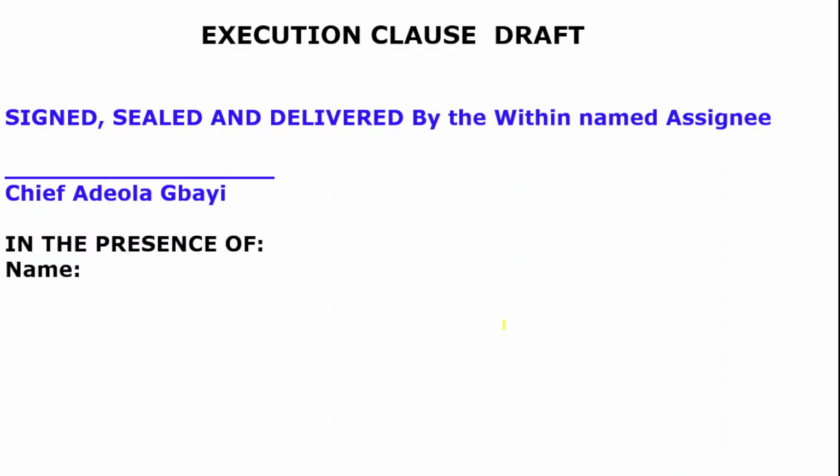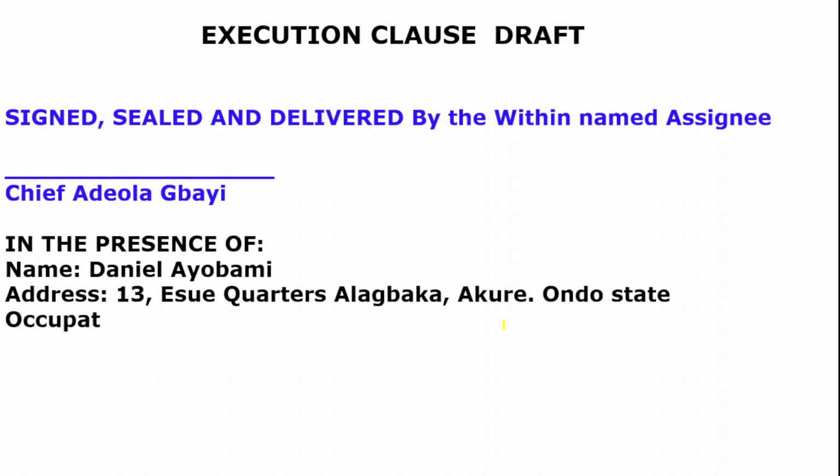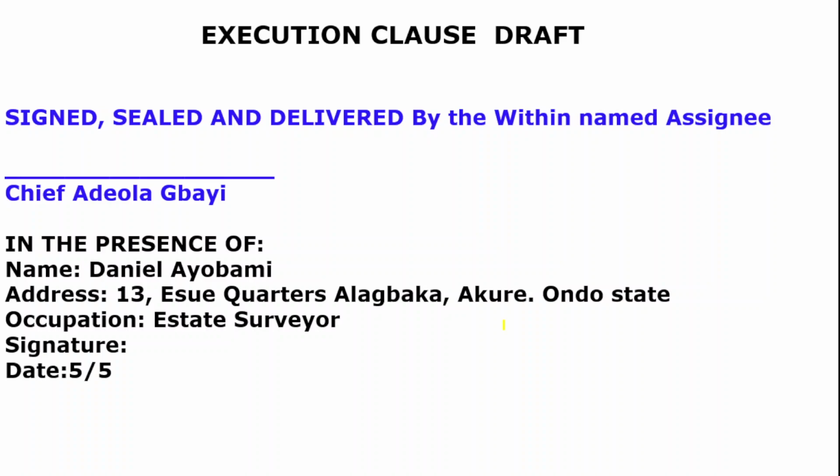In the presence of, and then you fill in the occupation, signature, then the date. Of course, like I said, you sign this. You also ensure you sign this. So don't forget this issue of signature. It's very, very important. So this is how to draft the execution clause. Signed, sealed, and delivered by the within named assignee.